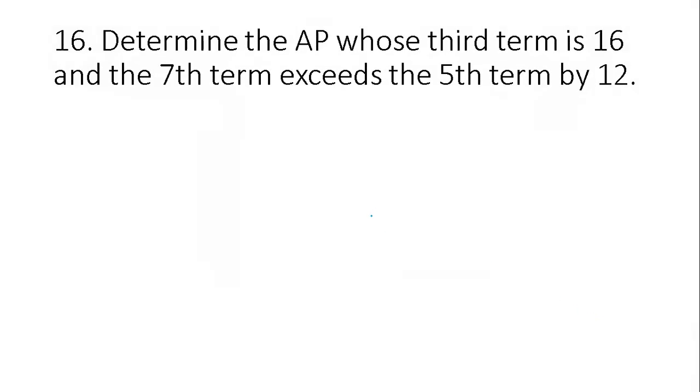16th one. Determine the AP whose third term is 16 and the seventh term exceeds the fifth term by 12. Given data, A3 is equal to 16, and also they have given A7 is equal to A5 plus 12.